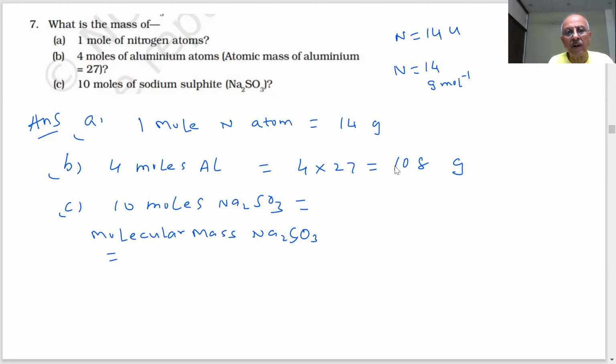What is the atomic mass of sodium? Twenty-three. 2 into 23 plus sulfur 32 plus 3 into 16. How much is it coming?